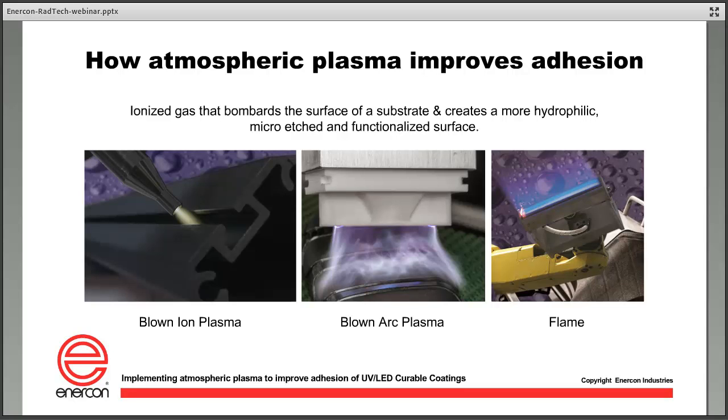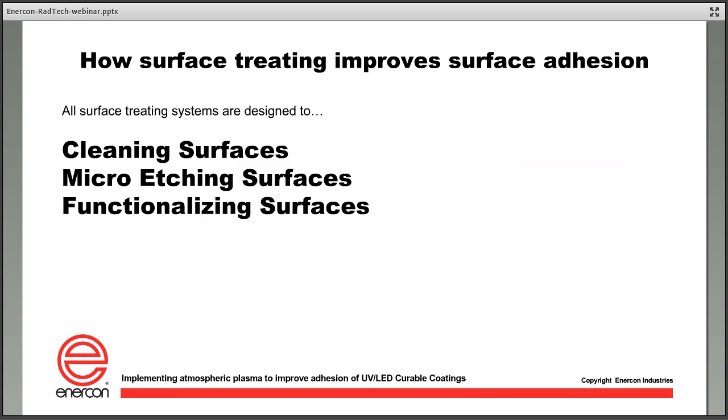This also is ionized air that you see coming out of there, with an alternating current between two electrodes. And then the one on the right-hand side is a flame plasma. So we're using natural gas or propane in conjunction with air to create a very high velocity discharge to do basically three things. We are cleaning, functionalizing, and micro-etching the surface.